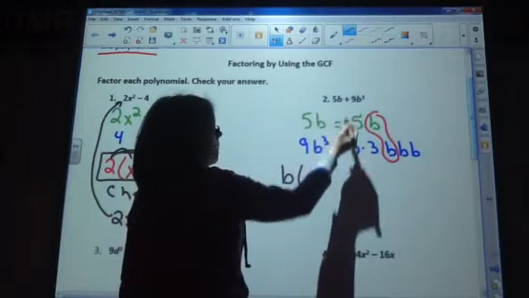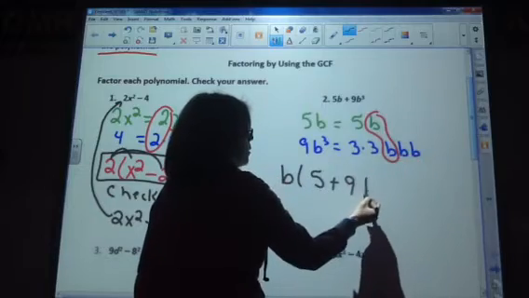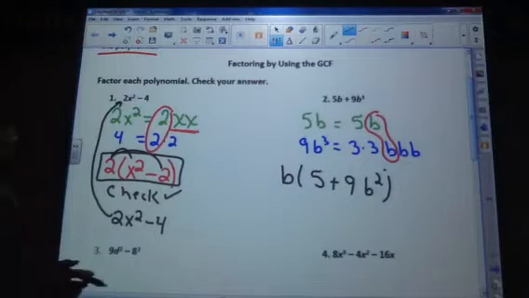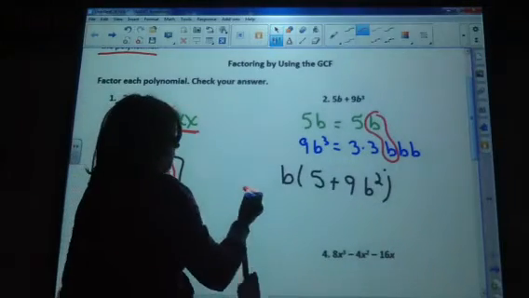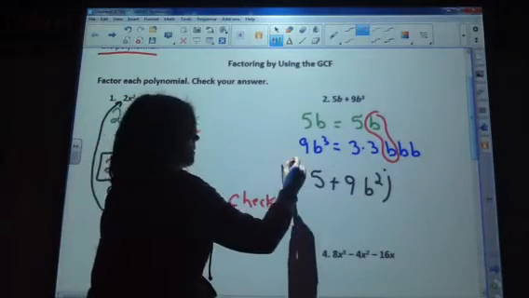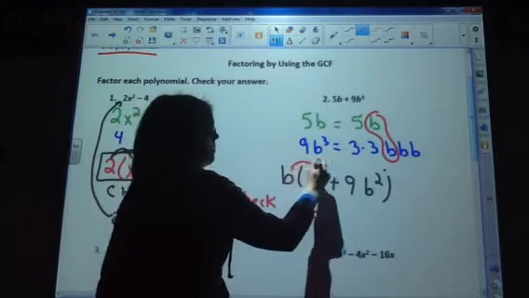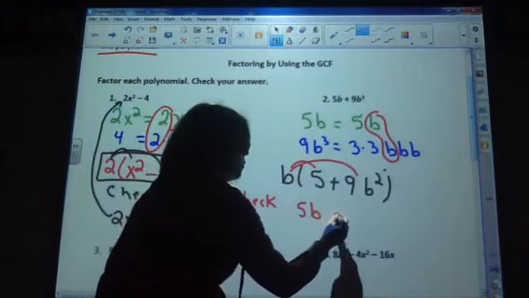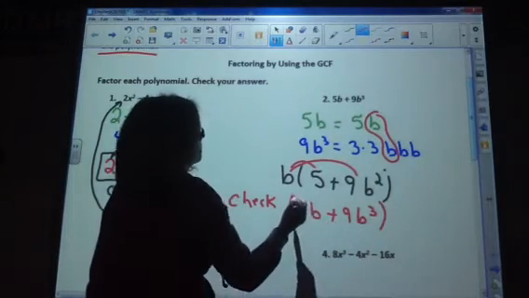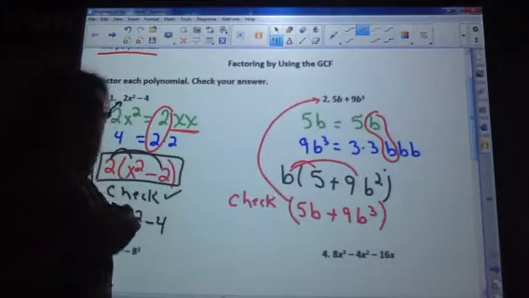You have 5 plus 3 times 3 is 9, and 2 b's are b squared. Okay, let's check it by distributing to make sure we're right. So b times 5 is 5b. b times 9b squared is 9b cubed. And we ended up with what we started with.